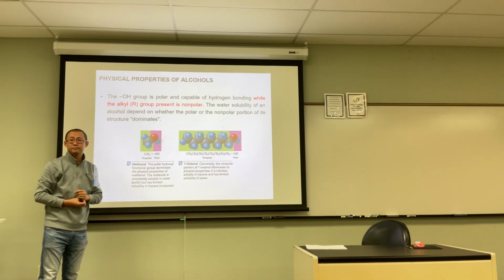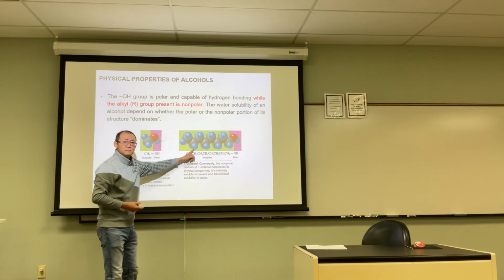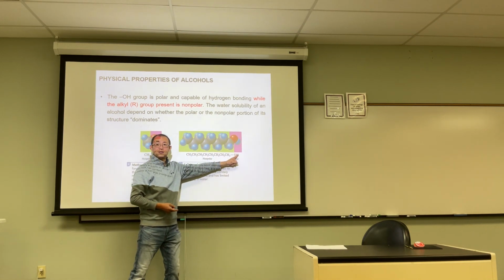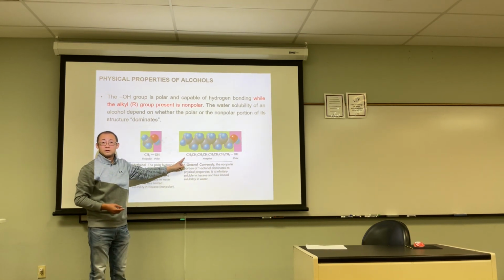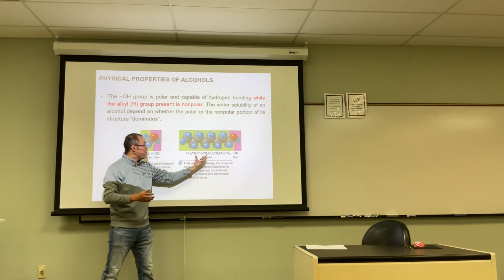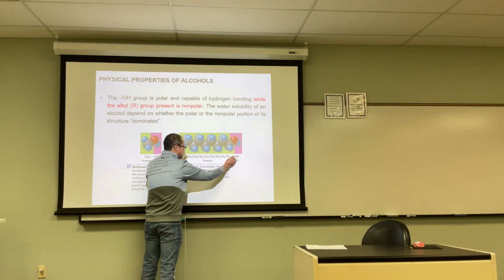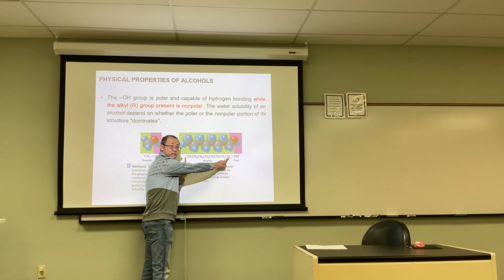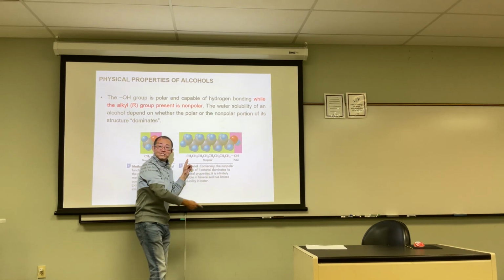So this molecule is very soluble. But if you take a look at this one, still an alcohol, right? OH. But take a look at this group. It's huge. And this group not only is huge, this chain is a chain of hydrocarbons. Is that right, guys?